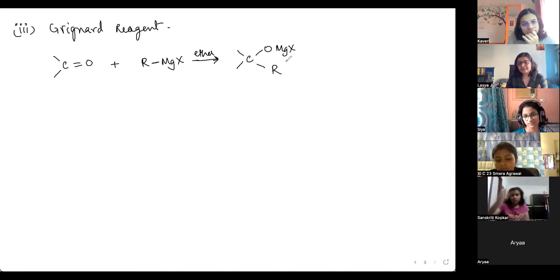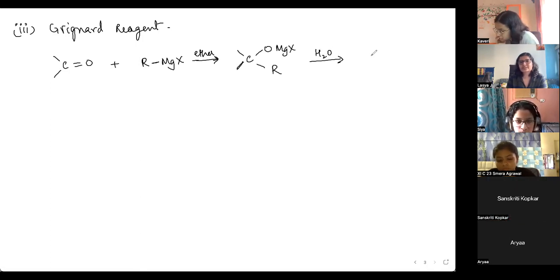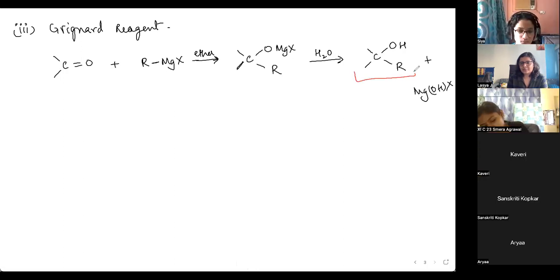So the reason, again, this is used is in the manufacture of alcohols. So this on hydrolysis ends up getting OH and R plus MgOHX. So the importance of this is, okay, so the final product.